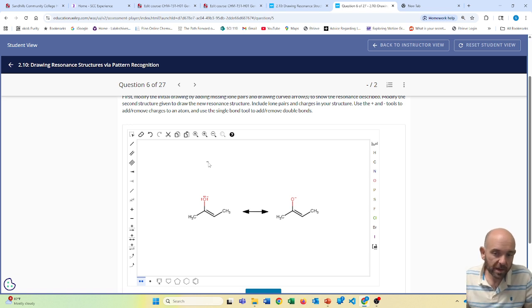To do that, that pi bond that's already there is going to have to move on to another carbon in order to make room for that. Once we're done, we should have a negative overall formal charge, but it won't be on that oxygen. It'll be somewhere else. So we should have an arrow here, an arrow here, and we should have the correct formal charges on those particular atoms.